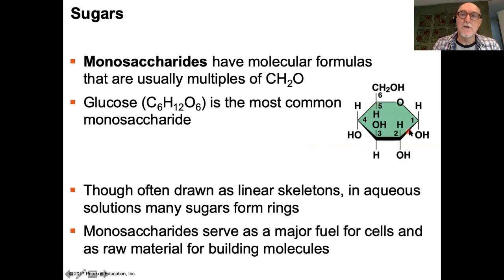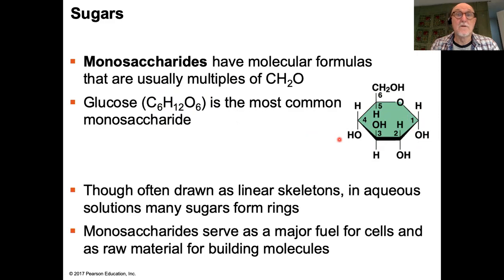And these carbons are numbered C1, 2, 3, 4, 5, and here is C6. It has 6 carbons. And at each of these carbons, there is HOH, etc., all the way around to give you the final form. C6H12O6, please remember this. Okay, C6H12O6 is glucose.